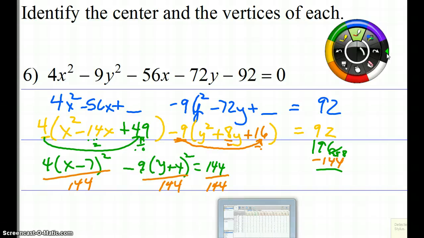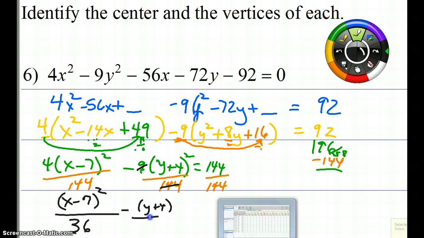So we'll get x minus 7 squared over 36, since 4 goes into 144 exactly 36 times. Then 9 goes into 144 exactly 16 times, and then we'll be equal to 1.